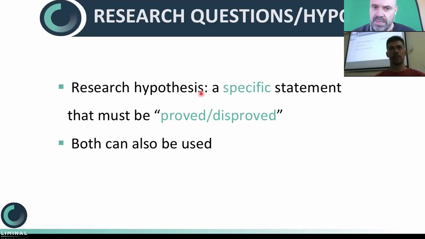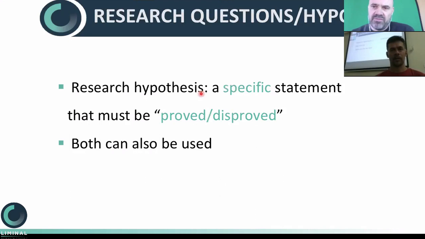Then the hypothesis must be testable, usually with a statistical test. And then the third thing, it must be falsifiable, so you must be able to disprove it. So that's the three things that must be in place for a hypothesis to be a research hypothesis. You're fine with that? Yeah.